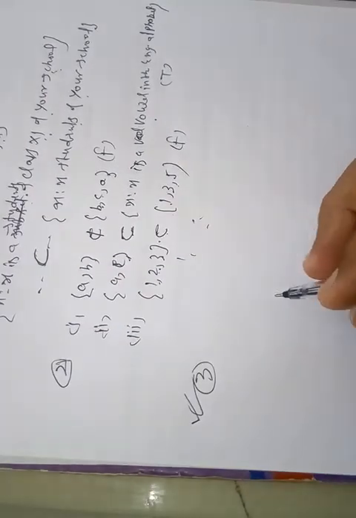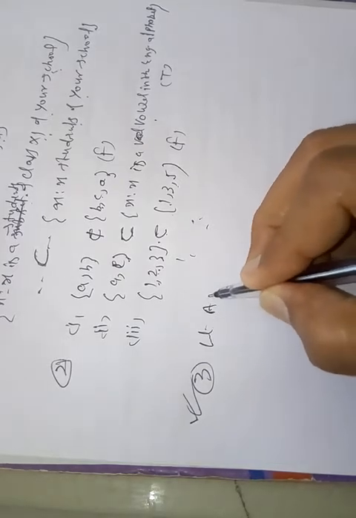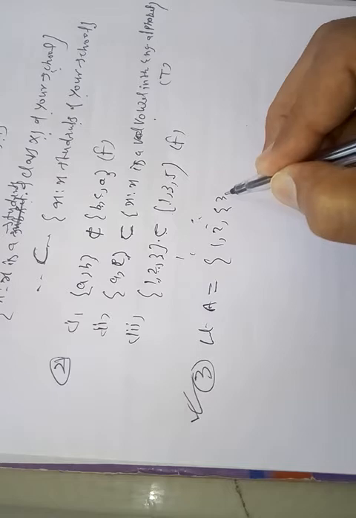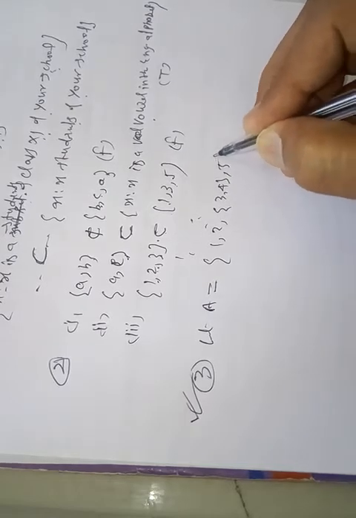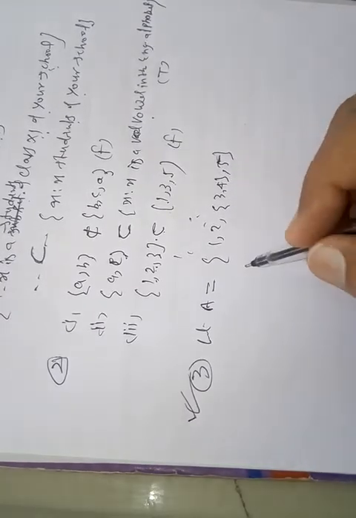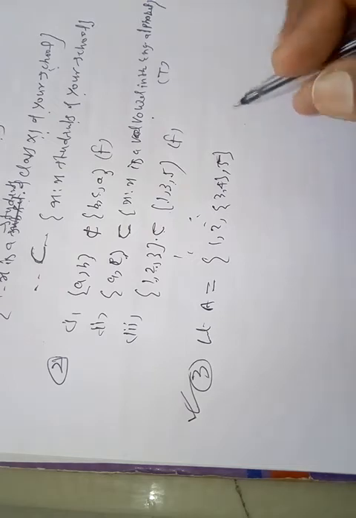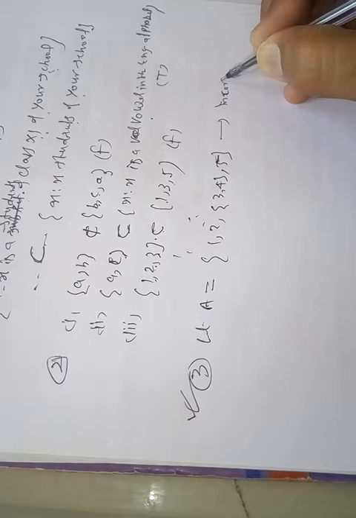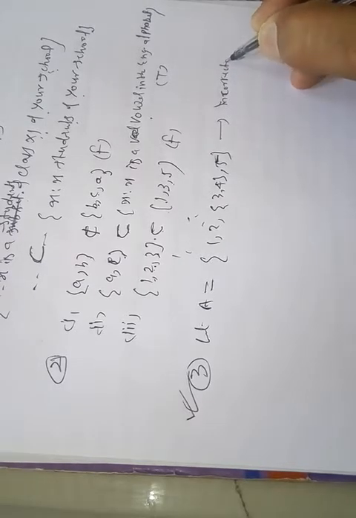And question number 3, an important question. Let A equal to {1, 2, 3, 4, 5}. See question number 3: which of the following statements are incorrect, and why?